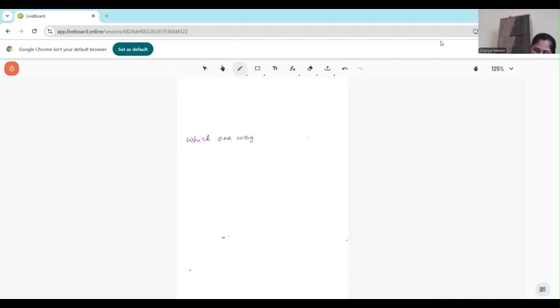First is 0.1 mole of calcium, then 5.6 liter carbon dioxide, and 6.022 times 10 raised to 23 atoms of silver. We have not come across silver. Silver is 108, calcium is 40.